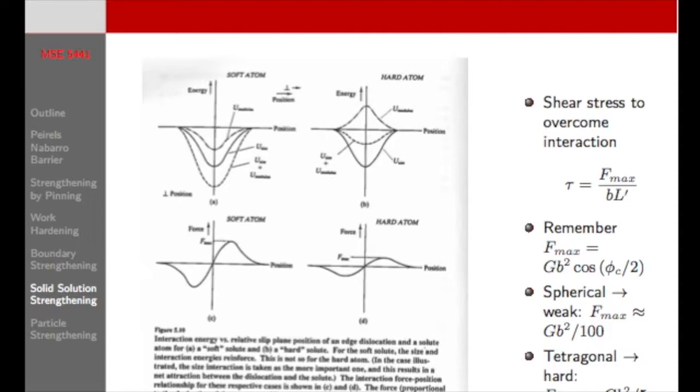And so the overall strengthening is quite different between spherical or substitutional and tetragonal interstitial, primarily interstitial in BCC. It's roughly a difference of about 20. So the effect is G by 100, G by 5, sort of the maximum that you're going to be able to get out.